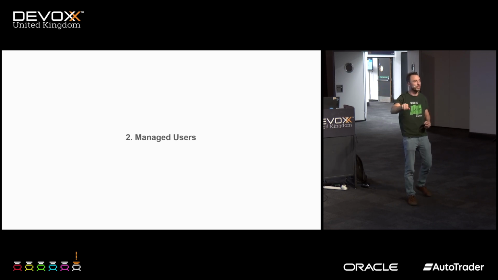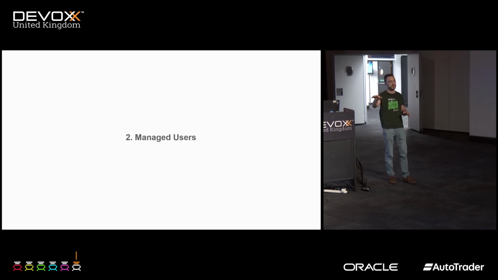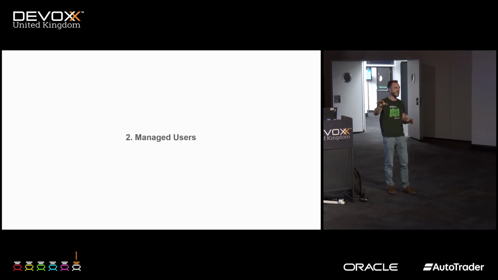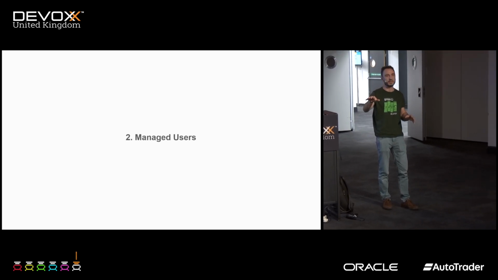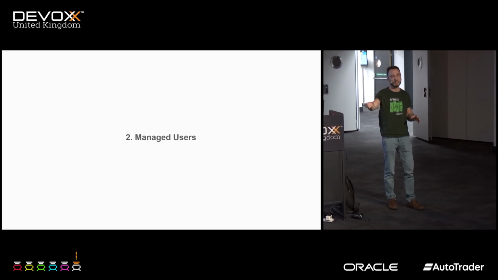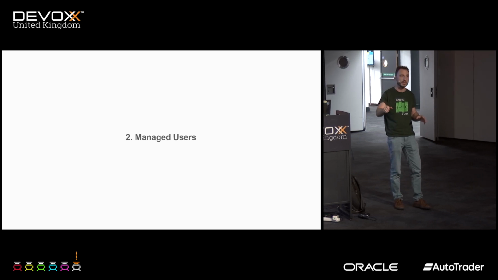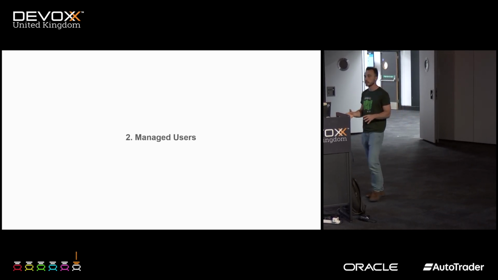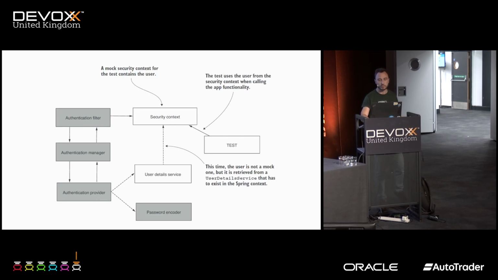I would suggest you be careful with using something external, especially when your tests are running in a pipeline. It's not really recommended to call a database, or at least not an external database or an endpoint. But if that's what you need, then Spring Security offers you the flexibility to do that.